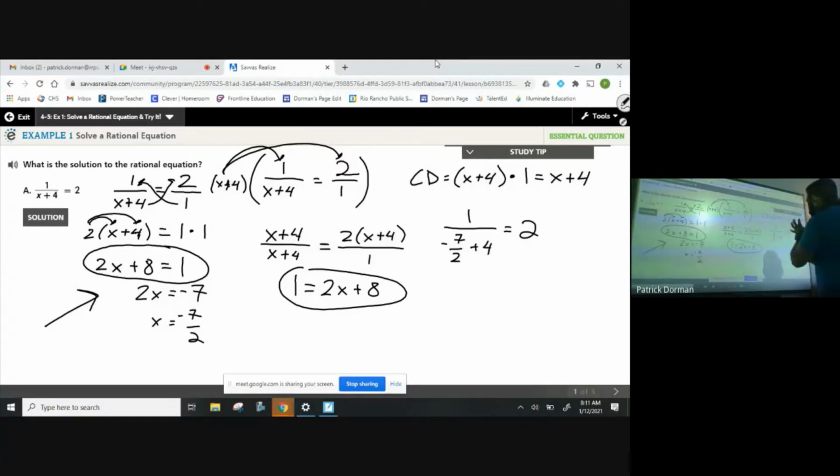And in this case, that's not really what we're doing. What we need to do with rational equations is we need to make sure that this denominator does not equal 0. And in this case, it won't. -7/2 plus 4 is not going to be 0. That's all we're checking for. If you plug your answer back in and you don't wind up dividing by 0, then it checks.